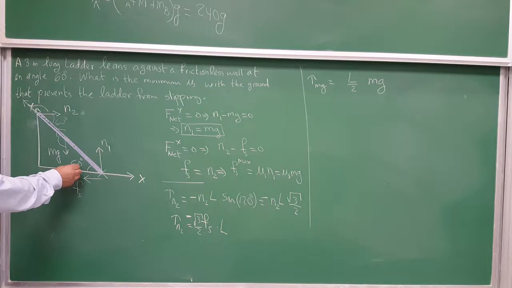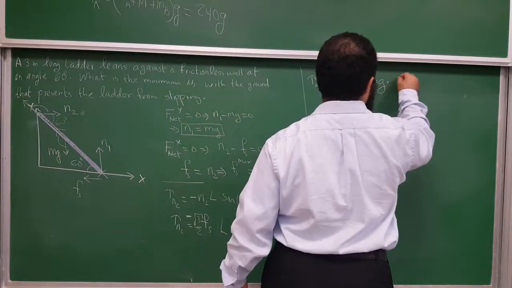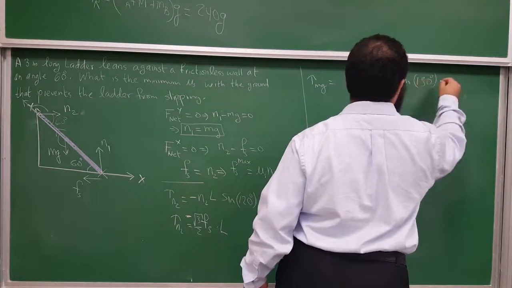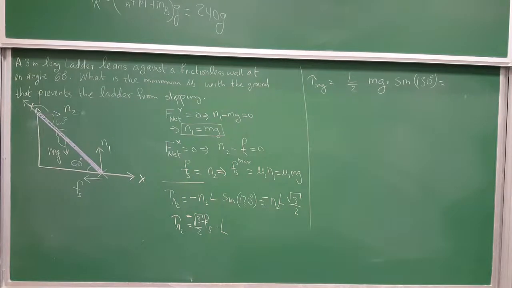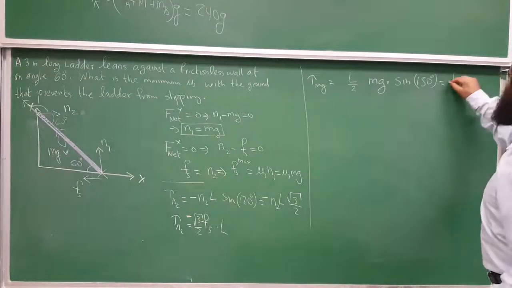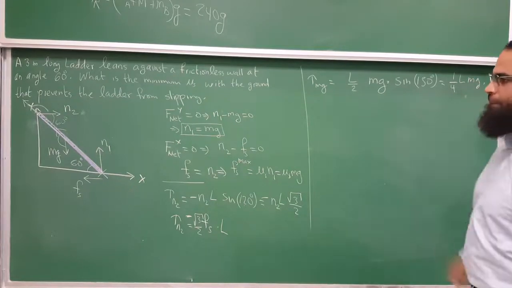So if this is 60, this is 30, this is 150, so it will be the sine of 150, which is a half. So times 1/2, that's 1/4. So 1/4 L times mg.